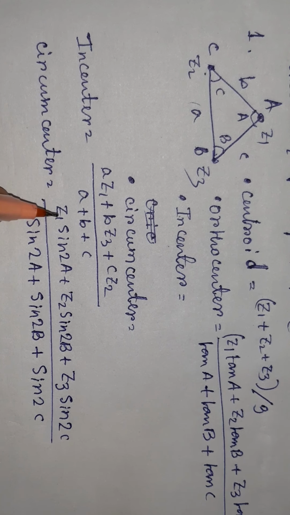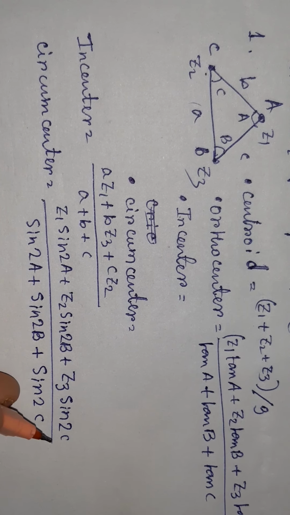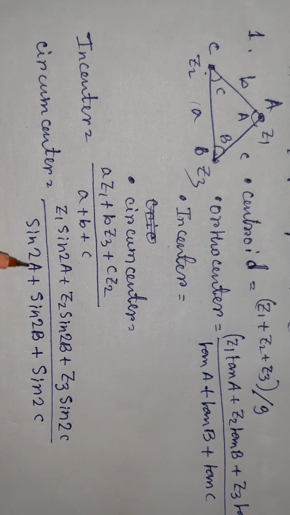The circumcenter is z1 sin 2A plus z2 sin 2B plus z3 sin 2C divided by sin 2A plus sin 2B plus sin 2C.